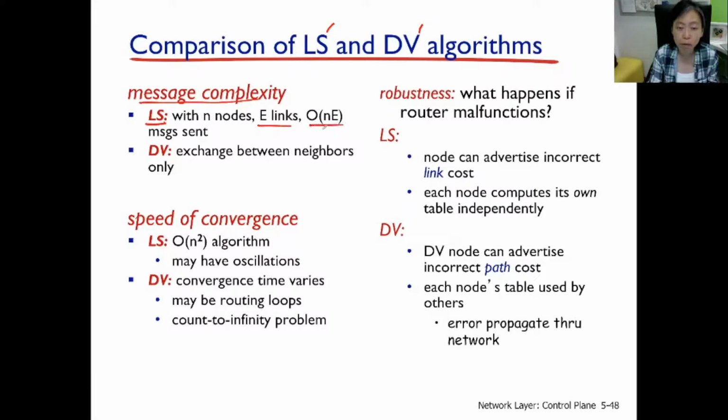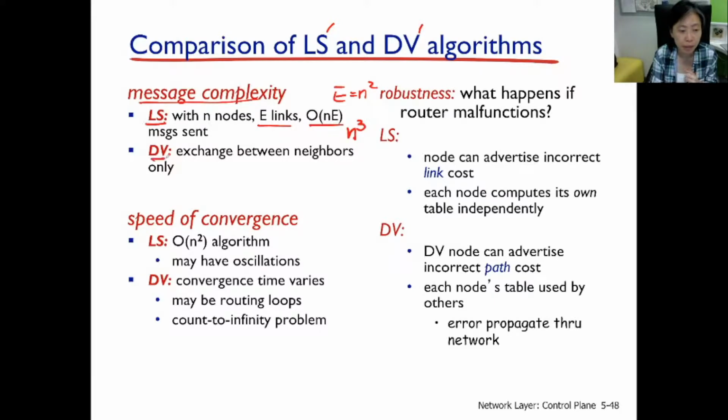Therefore, overall cost, in the worst case, in case the network is very well connected, the E here is about the scale of n squared. Okay, so overall, the cost can go as high as n cubed. So link state message complexity, not good at all.